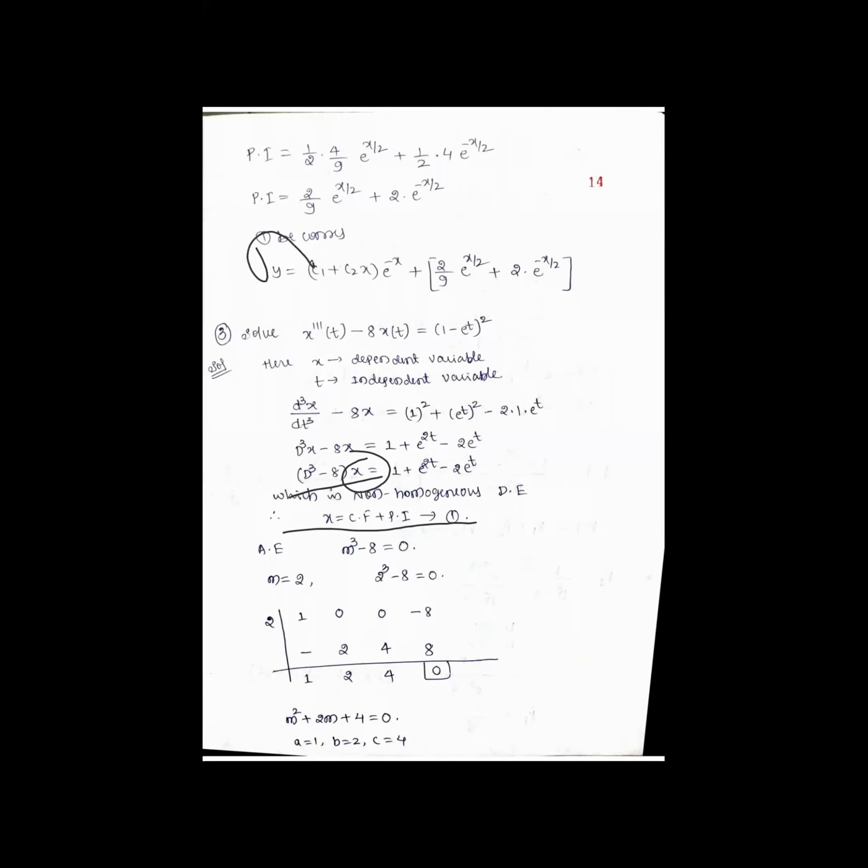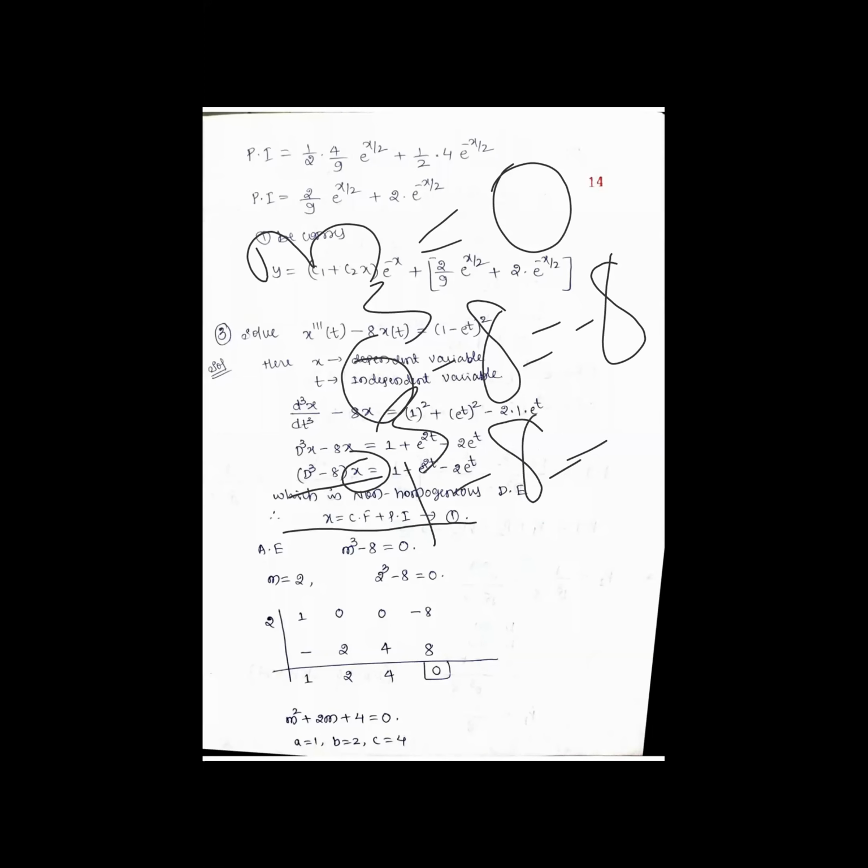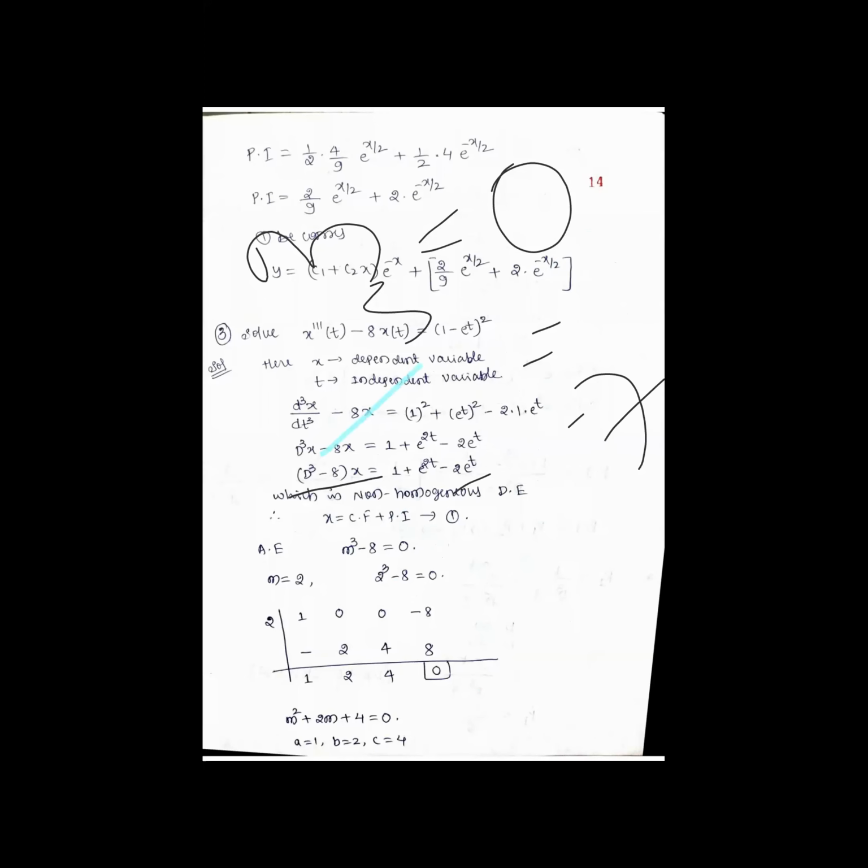Take m is equal to 0: 0 cube minus 8 gives minus 8. 1 cube minus 8 is minus 7. Next, 2 cube minus 8: 2 cube is 8, minus 8 will be 0. So at m is equal to 2 the equation is reducing to 0.